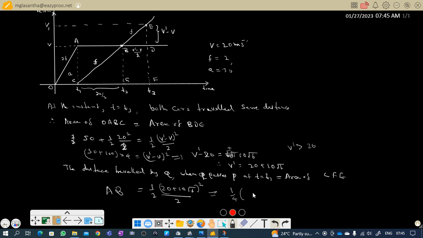Distance AB equals 1/4 times 400 plus 400 root 6 plus 600.